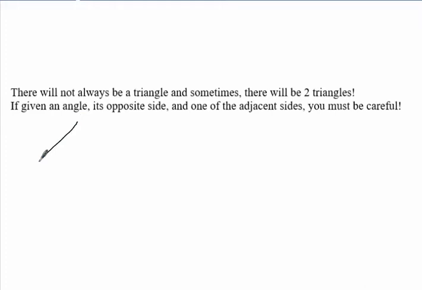This would be a situation where you are given this angle, its opposite side, and then one of the other two sides. The reason that this is a problem is because supplementary angles have the same sine value.